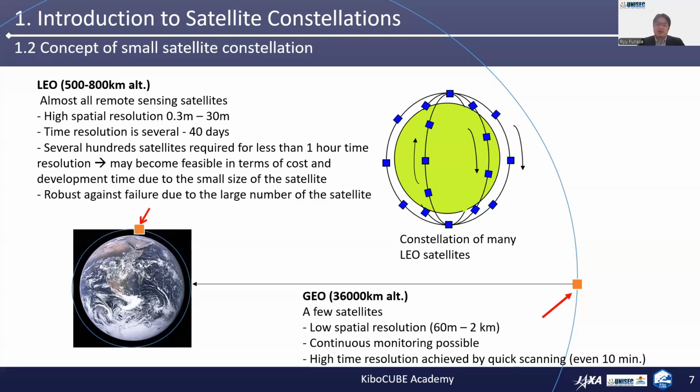It also has the advantage of being able to be gradually replaced for maintenance and performance improvement. In this way, the use of small satellites is the key to building a satellite constellation, and many of today's constellations are composed of small satellites.